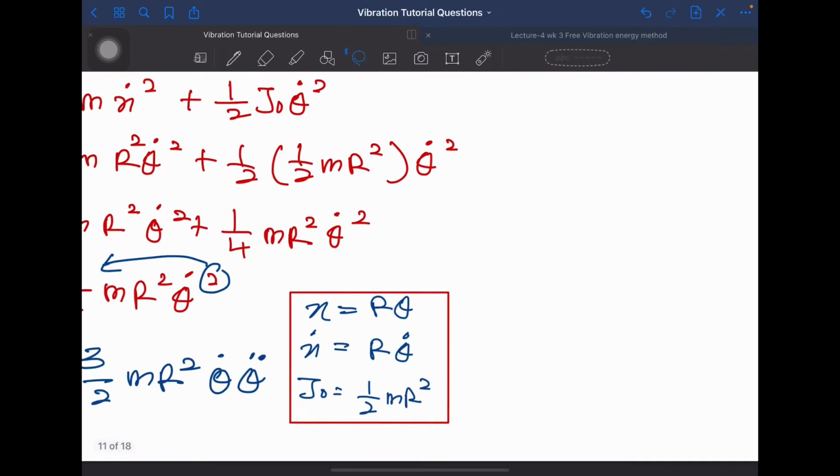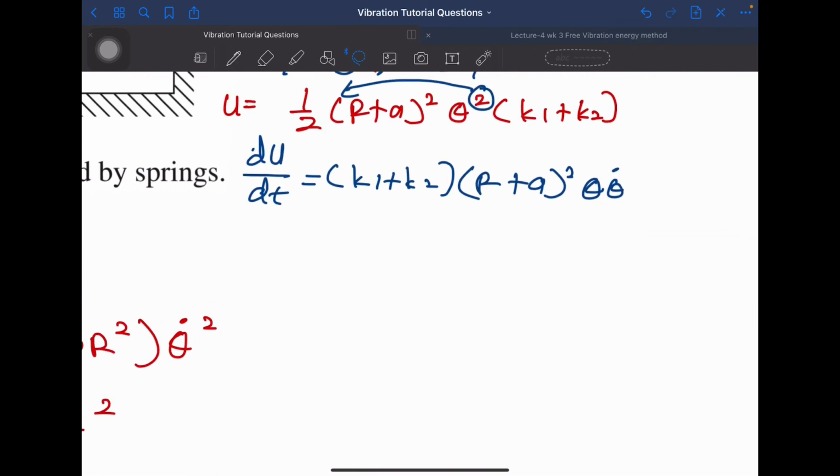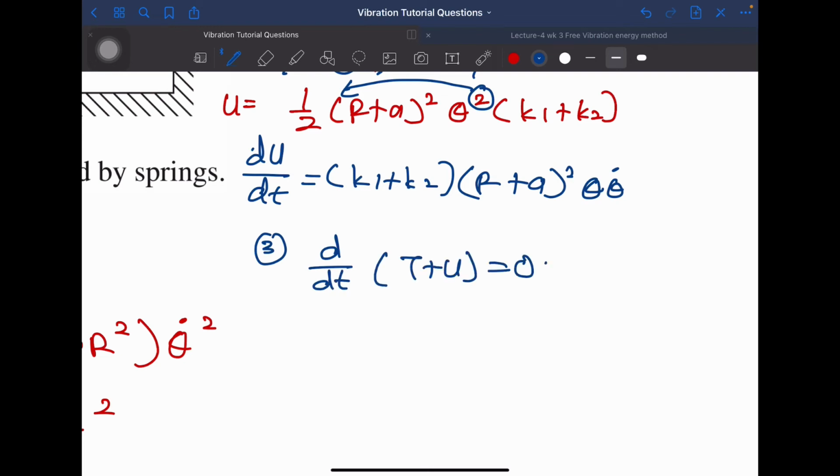Now I already have the differentiation of dT and also the differentiation of dU. So the third step would be to apply the energy method, which is d over dt of T plus U equals 0.